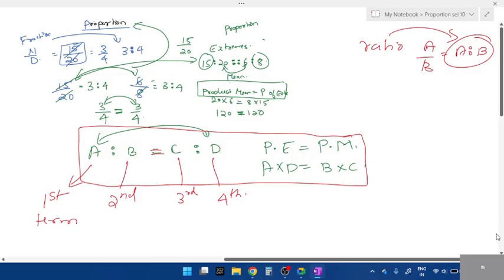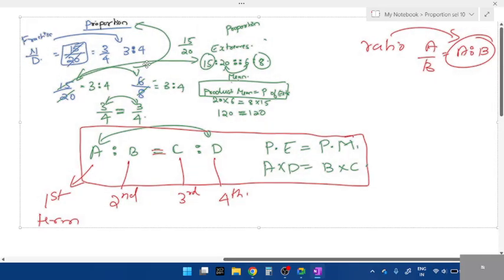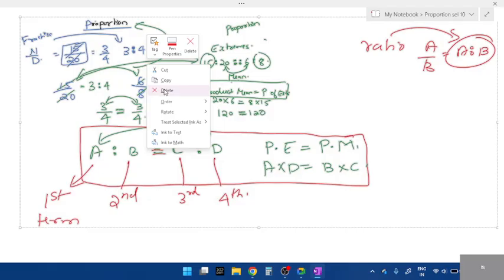Fine, we'll start solving the question. Okay, there's one more thing left. Continued proportion. So what do you mean by continued proportion?